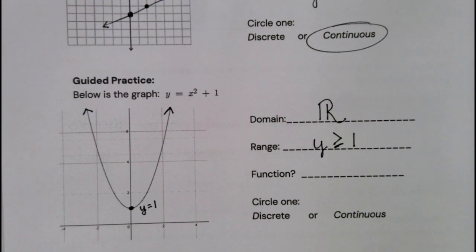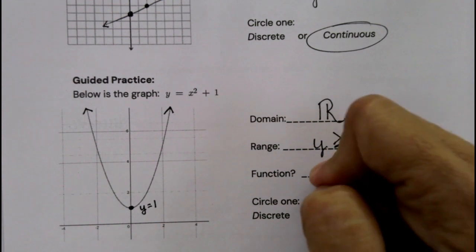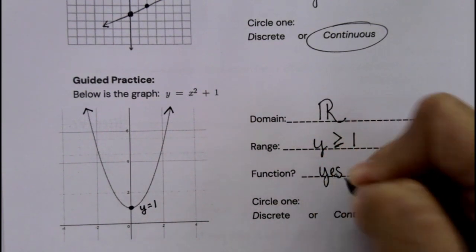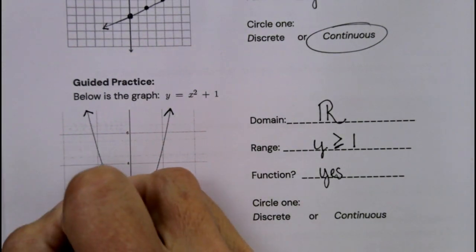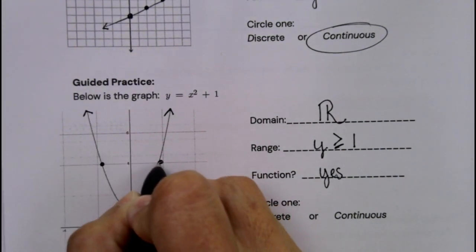Is it a function? It's a function. And 1 to 1, onto, or both? It is not both. It's onto. Do you see how these y's are going to be repeated?